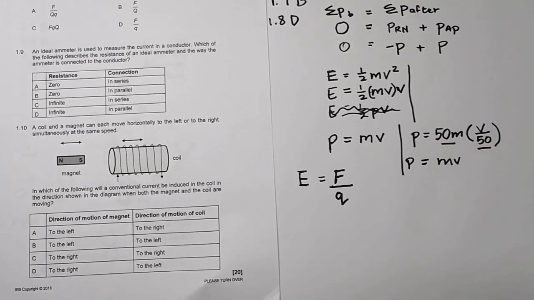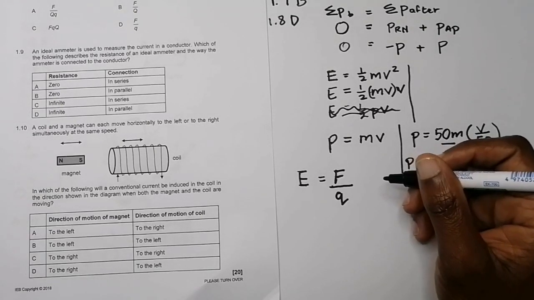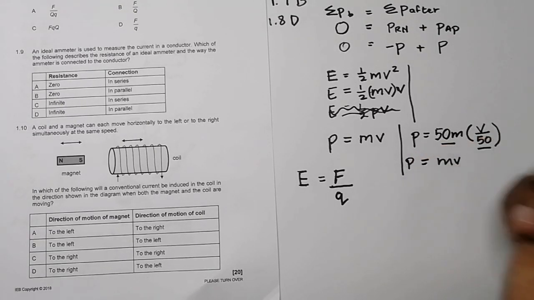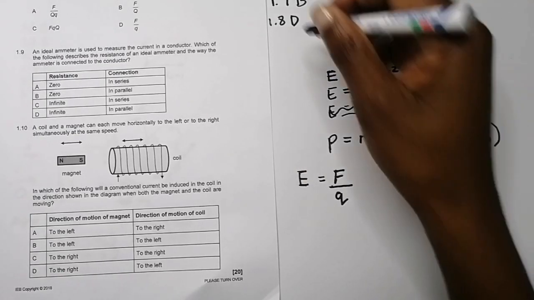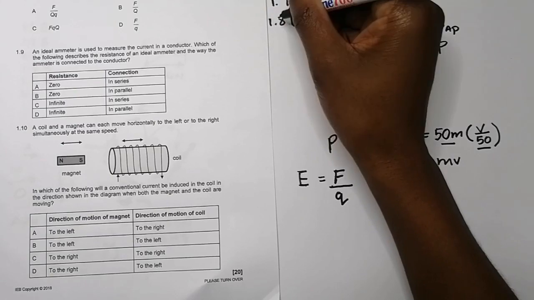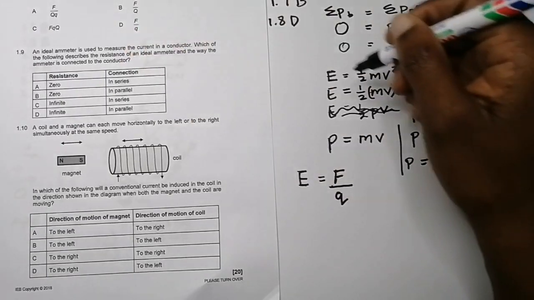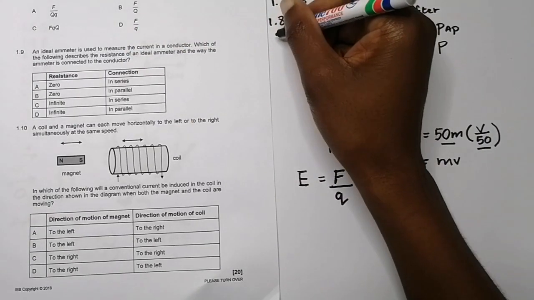Now please remember, ladies and gents, an ideal ammeter should always have zero resistance. In fact, I explained that. For those of you who haven't watched my series on circuits, please go and watch that. And in this case, it must always be connected in series so that it allows all the current to flow. All the current that flows through the ammeter must flow through the rest of the circuit.